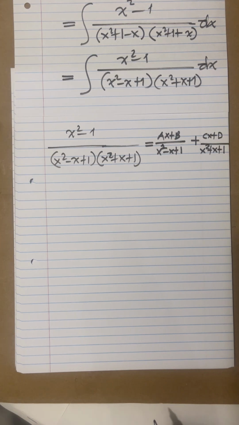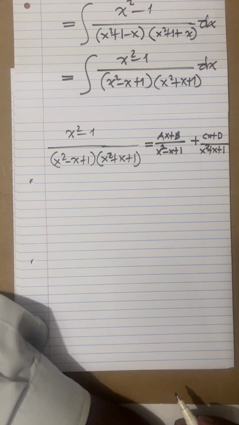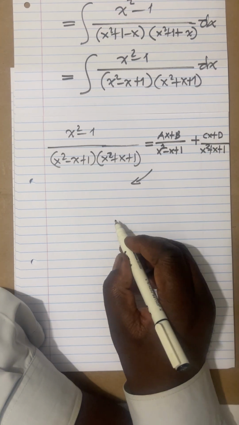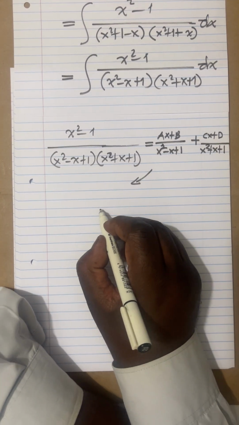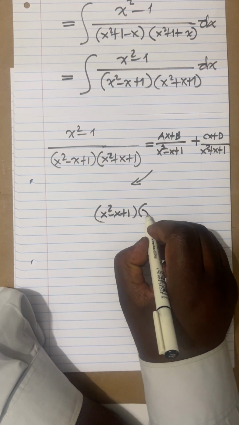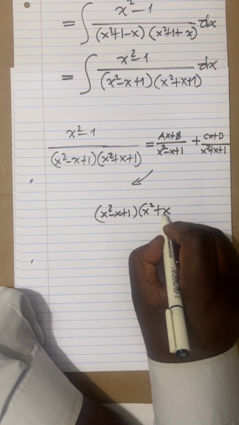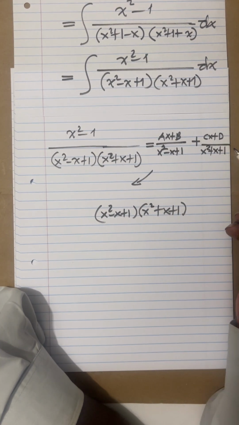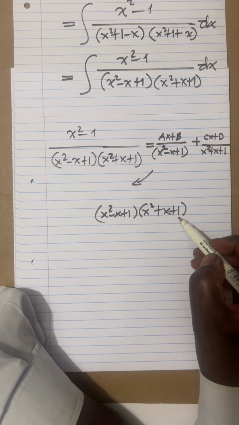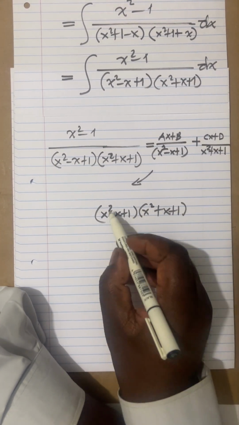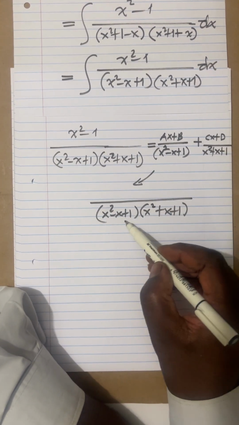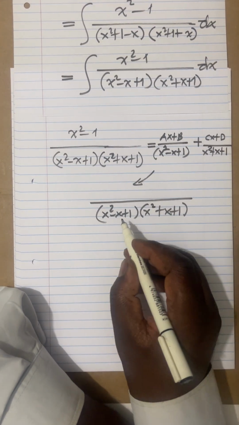Now I'm going to do what I did in example number 1. Now let me move backwards because this will not change. But that one, the common denominator there is going to be x squared minus x plus 1, and then you have x squared plus x plus 1. And then we're going to say this expression here into that. The answer is this one here because these two cancel. Remember, that's the denominator, so this cancels that. You're left with this. This has to multiply with the numerator there.